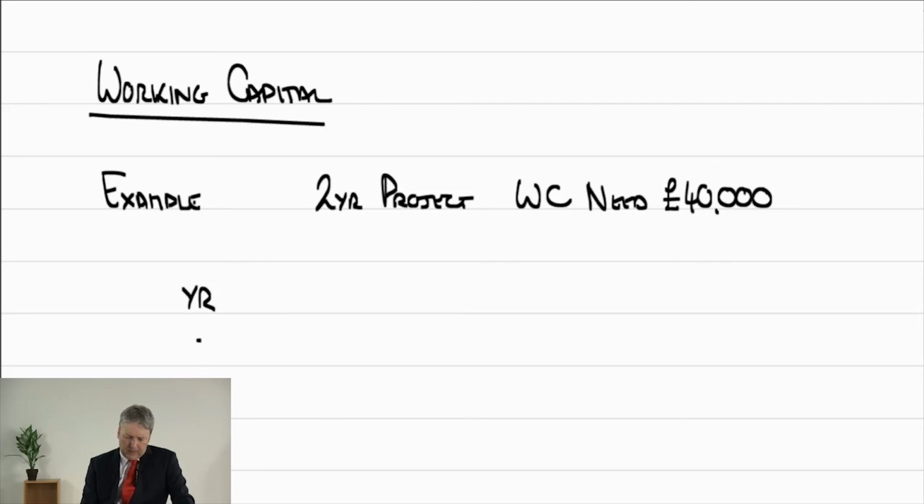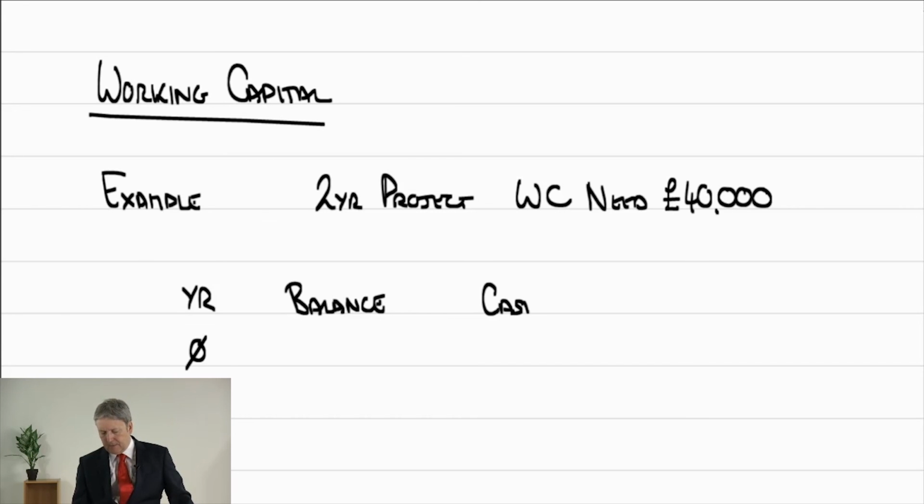So if we were looking at the years, of course, we start in year 0, that's today, and then we have year 1 and year 2. And all I want to show you is 2 things really. First of all, the technique. It's very simple, but we always start by establishing the balance for working capital. And once we've got the balance, we can easily identify the cash flow.